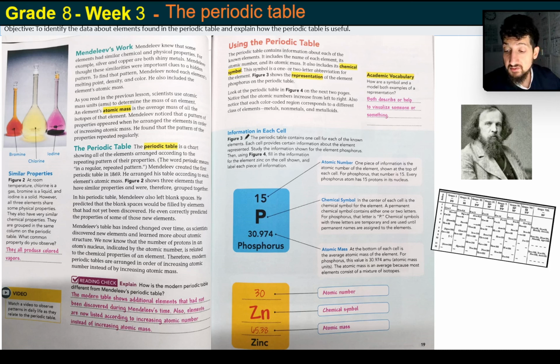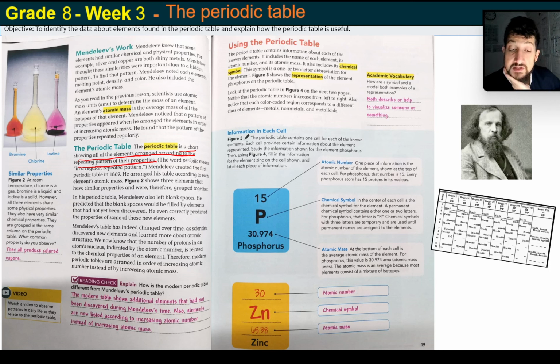And the periodic table, of course, is a chart. This is what I want you to make sure that you understand. It's a chart showing all the elements arranged according to repeating patterns in their properties. So yes, that is true, but it's also a chart that is arranged according to atomic number.